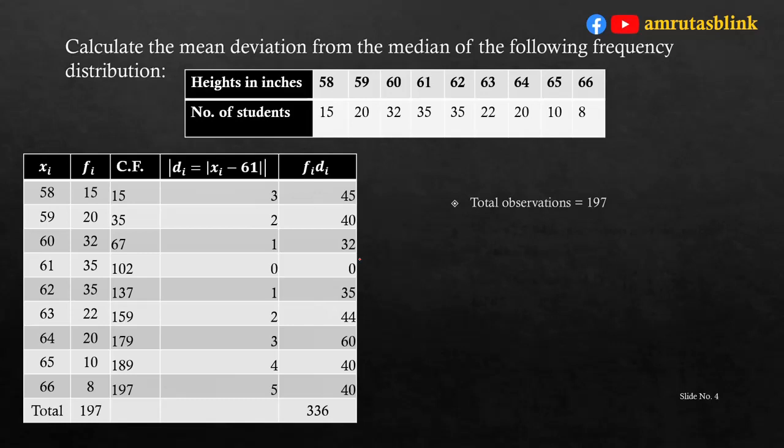Now, we need to calculate the mean deviation about the median. So, we will create the next column of cumulative frequency.